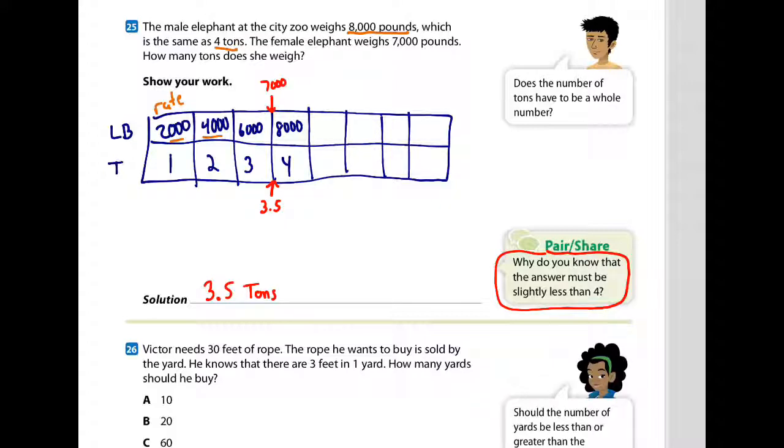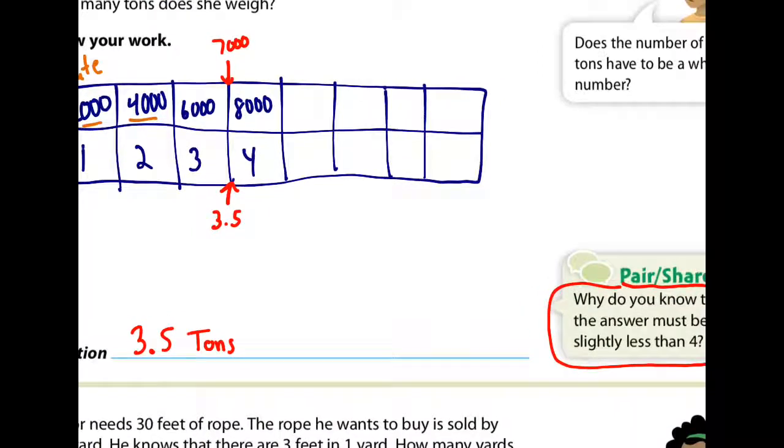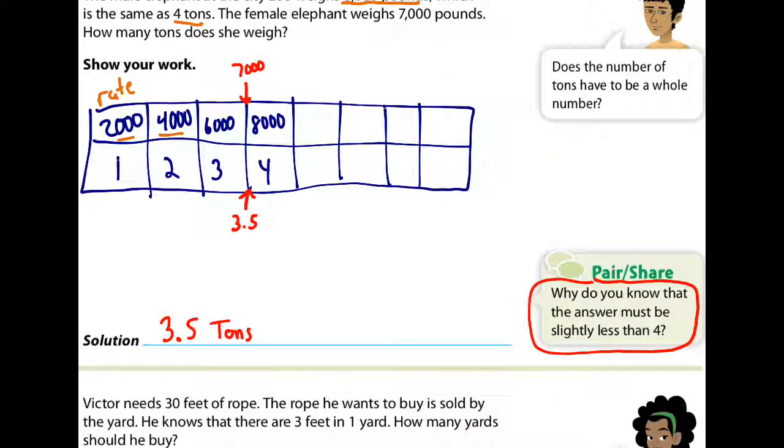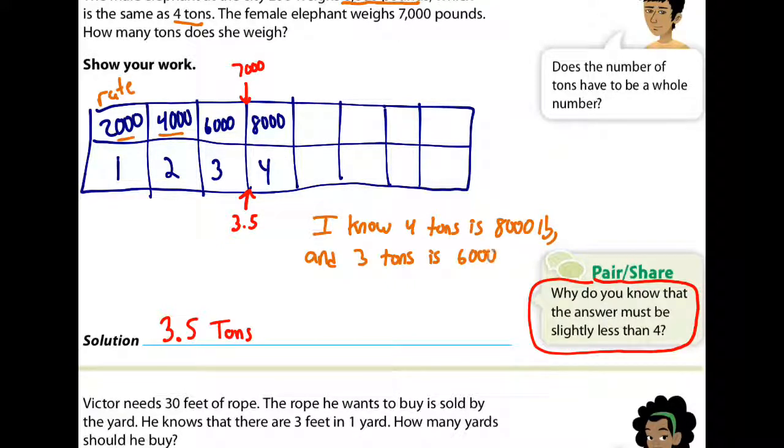Okay, so here's what I'm going to say. Remember, you don't have to have my exact answer. So I know the answer must be slightly less than 4, right? So I'm going to say, I know 4 tons is 8,000 pounds, and 3 tons is 6,000 pounds.